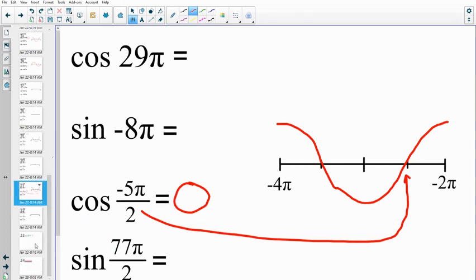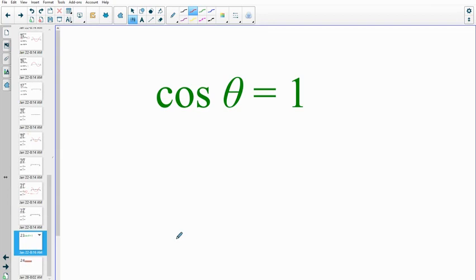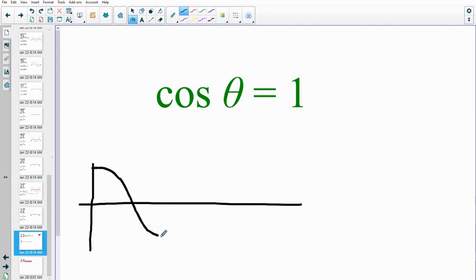Oh, and then one more type of problem that you're going to have is kind of working backwards. So where is cosine equal to 1? Previously, you would have used the unit circle for this. Now, starting today, we're going to think about what the sine graph looks like and what the cosine graph looks like. And so we know that the cosine graph looks like this between 0 and 360. So where is that equal to 1? Well, it happens back here at 0, and then it happens again over here at 360.